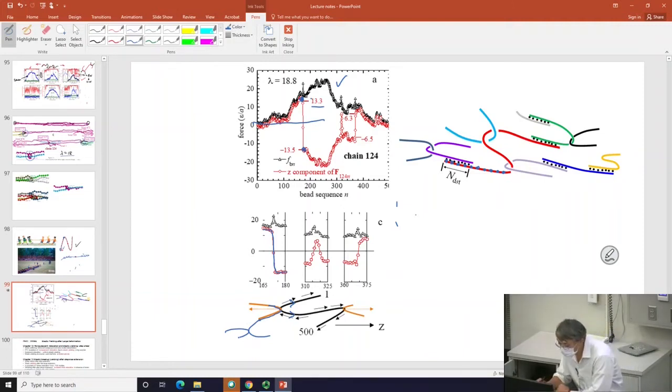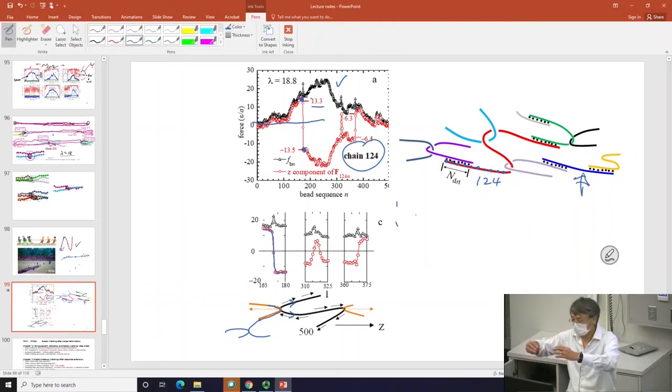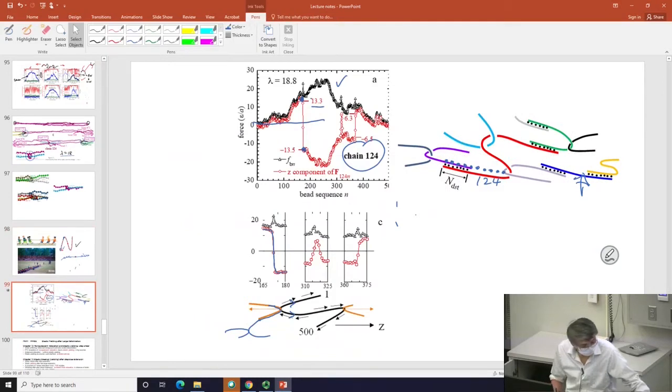I just want to draw a cartoon where Yexing is still struggling to find the real chain showing this, because this 124 is this red chain. But he has plenty of examples where the tug war doesn't involve two posts. The tug war is just like this blue one, where other monomers grab onto this blue chain on both sides and cause it to build a lot of chain tension.